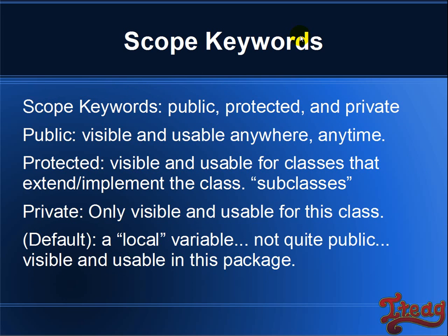All right, so these are the scope keywords, and I'm going to refer to them from the package level. From the package level, there's public or default. Public means that when you call up this package, this is what is meant for the package to be seen and used. Default, it's in the package, right?